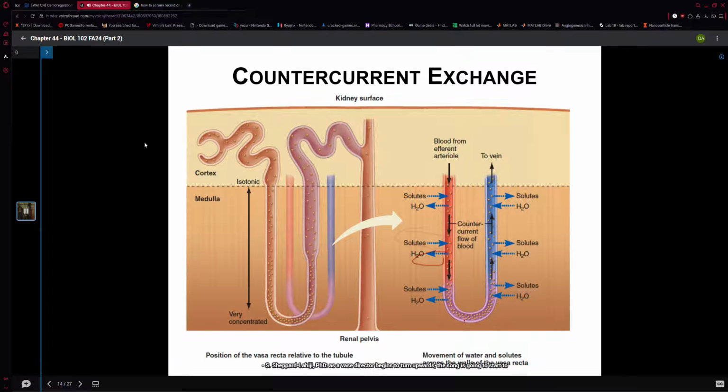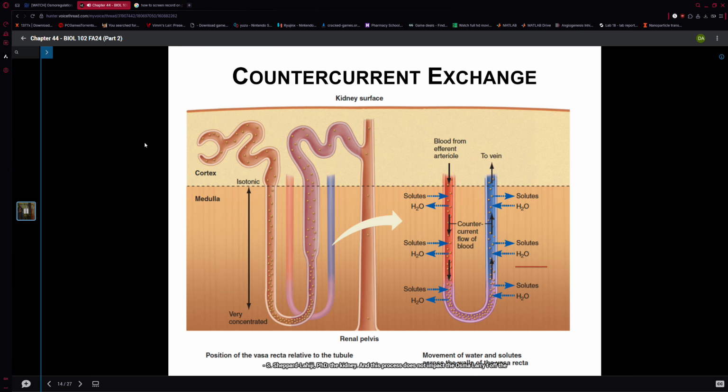Now, as the vasa recta begins to turn upwards, the solute is going to start to unload, because as we head further up, the concentration is going to decline. So as it turns back upwards, the solute begins to unload from the plasma into the interstitial fluid, and the vasa recta will also take some water back in and end up carrying some of that water away to be absorbed by the kidney.